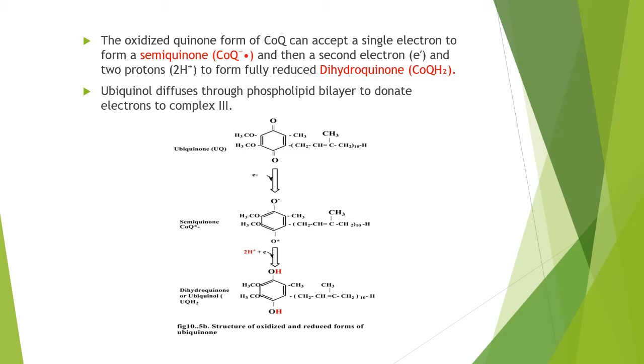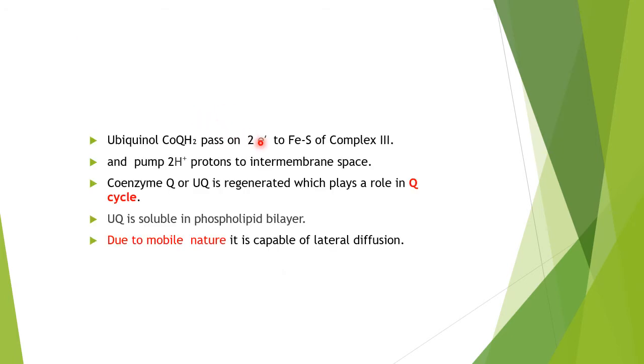So ubiquinone has a mobile nature and it passes 2 electrons on to the iron sulfur center of complex third, and pumps 2 protons to the intermembrane space.